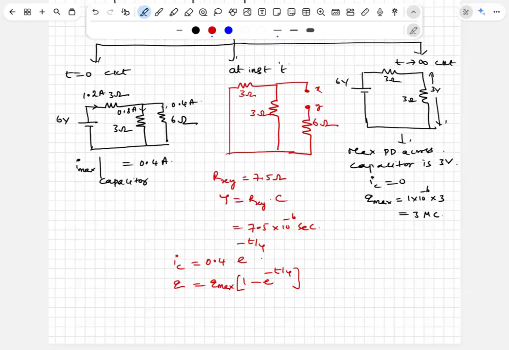Q max times 1 minus e to the power of minus t by tau. What is the maximum charge? 3 microcoulomb times 1 minus e to the power of minus t by tau. So I have given everything. Now you know at an instant what is the current through the capacitor, and what is the charge across the plates of the capacitor. You can find everything from this.